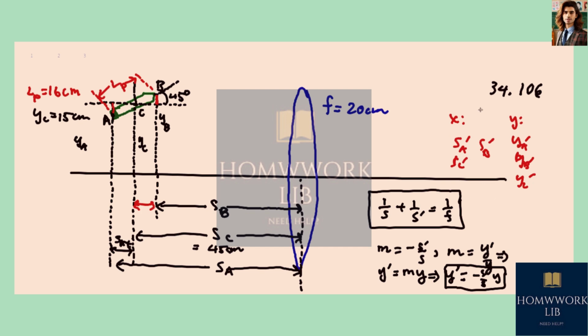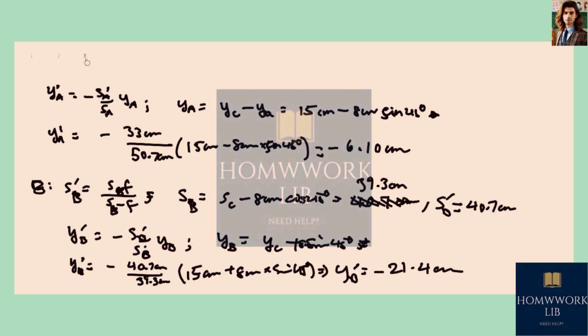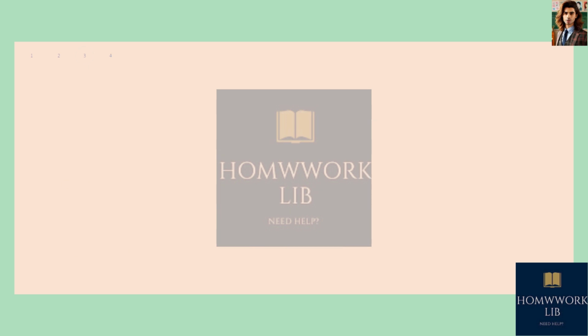And all of these X values are located to the right of the lens, and all of the Y values are located below the optic axis. So the image will be somewhere over here. But before we do that, let's figure out how long our pencil is now. Let's do that.